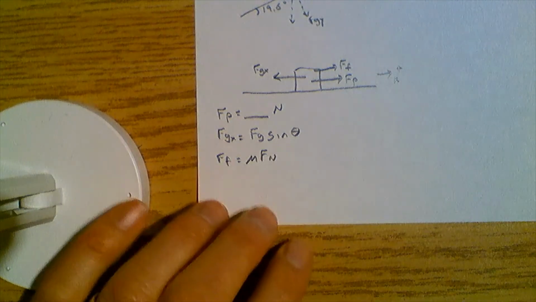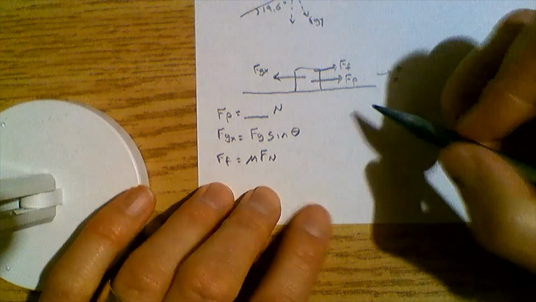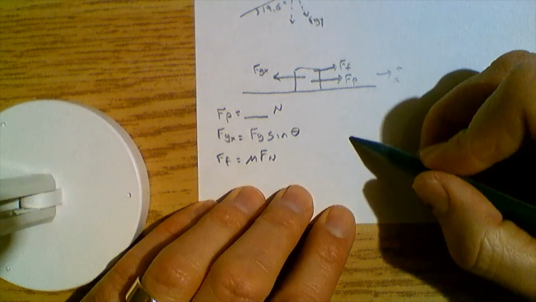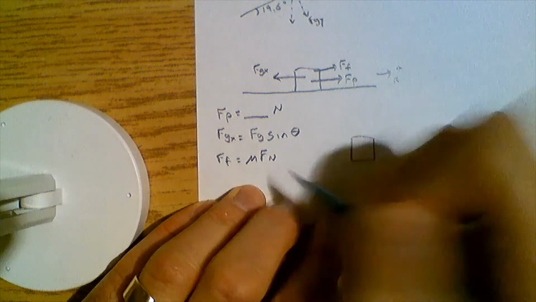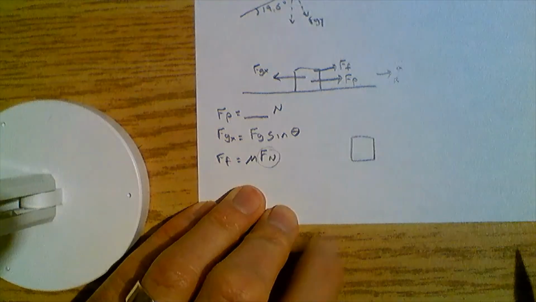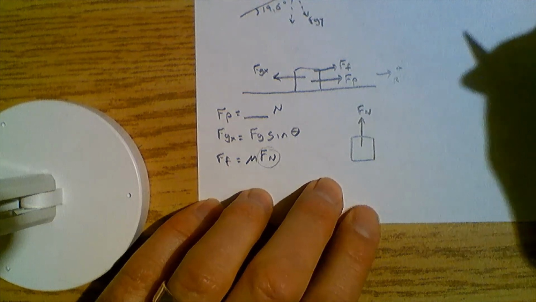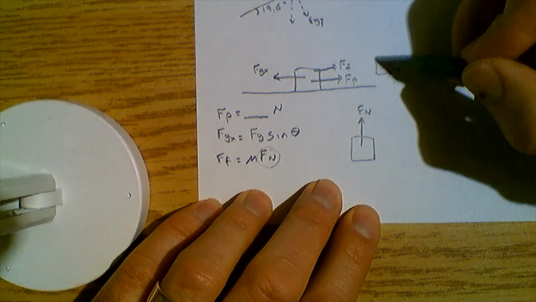So now we need to draw a picture, and I'm just going to do it right here before I go back up to continue the next part. We need to draw a picture of the vertical forces because we've got to figure out what Fn is. So Fn is pushing upwards in the y direction on that axis. So this would be y.